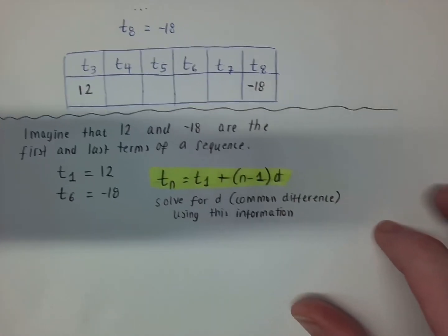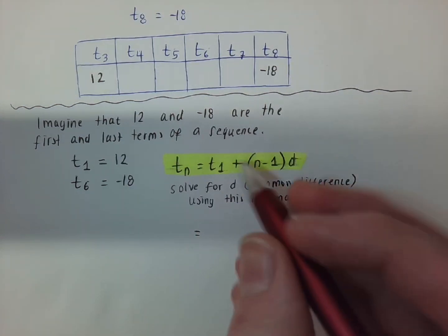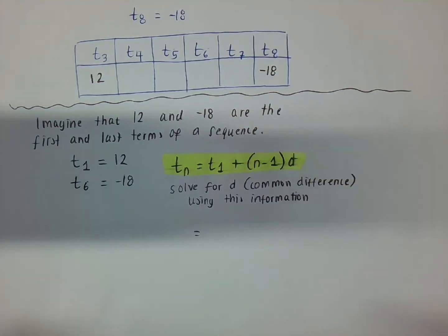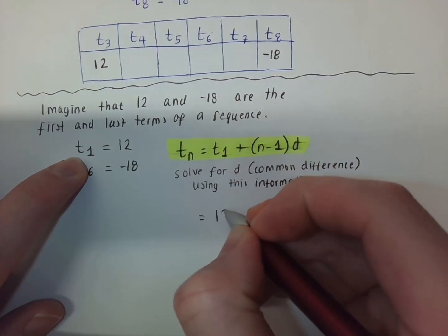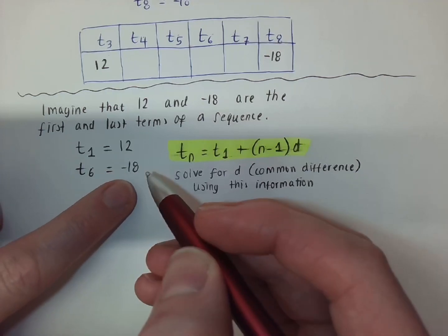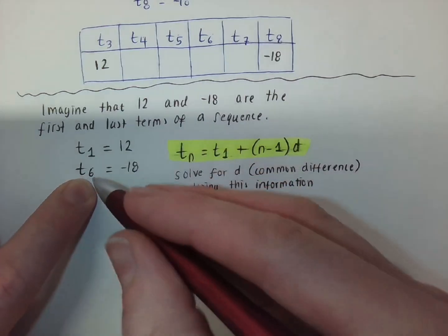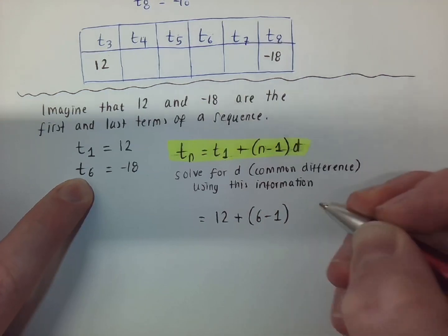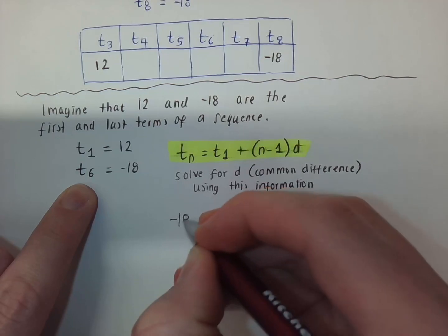If I start substituting, T1 in my imaginary sequence is 12, and T6 is negative 18, so n is 6, and then Tn is negative 18.